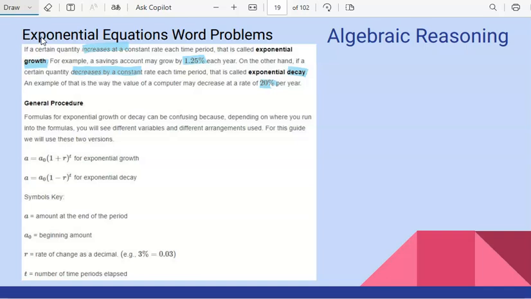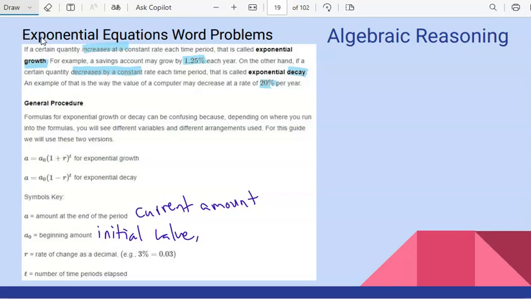The A represents the amount at the end of the period, or current amount. A initial is the beginning amount, initial value, also known as the principal amount. r is the rate of change in standard form.